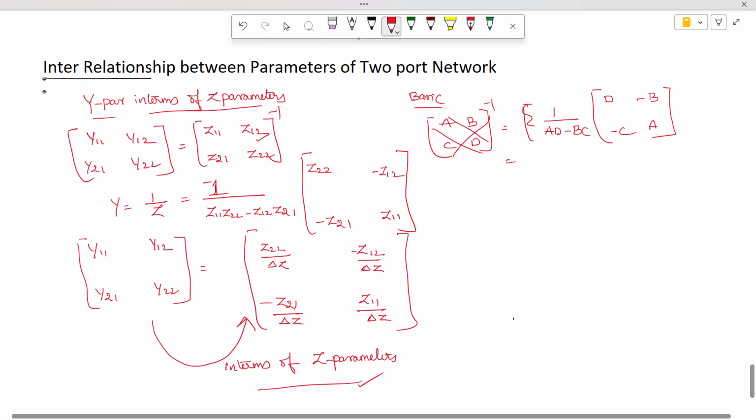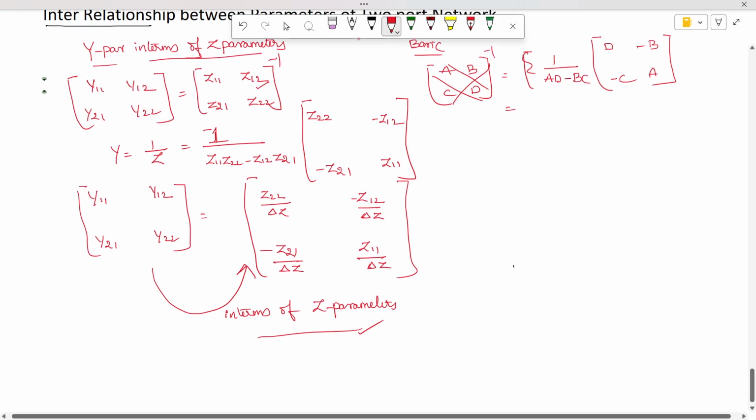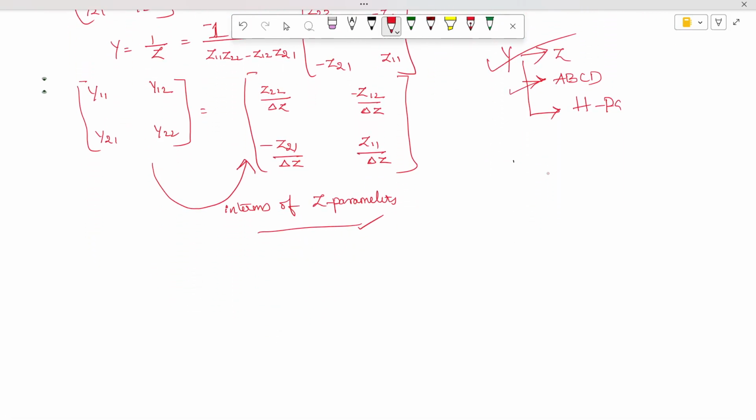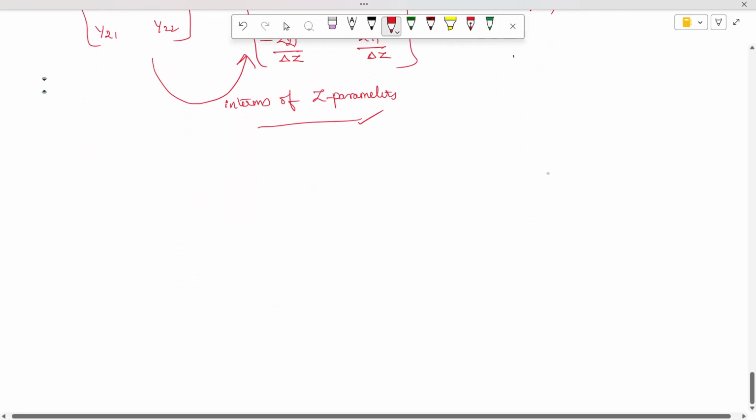So now let us see the next conversion. What we will be doing here is transforming y parameters in terms of z parameters, and we are going to convert y parameters in terms of ABCD parameters and y parameters in terms of h parameters, the hybrid parameters. So the first one is completed. Let's see how to do the y parameters to ABCD conversion.